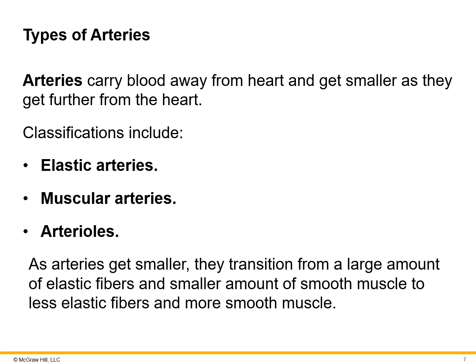So if we look at these, starting with our arteries, the different types of arteries. Again, arteries by definition are carrying blood away from the heart. So they're going to get smaller as they go further and further away. We have a couple different classes of arteries: elastic arteries, muscular arteries, and arterioles.